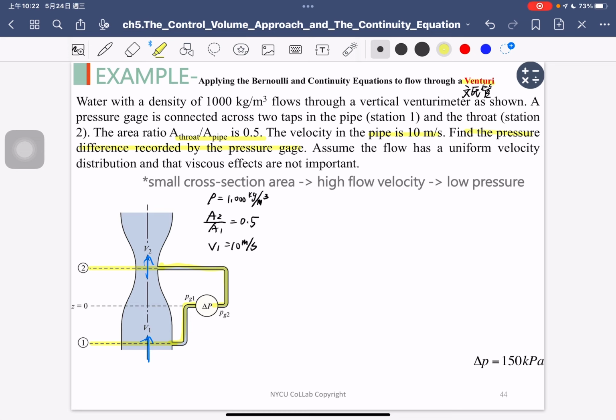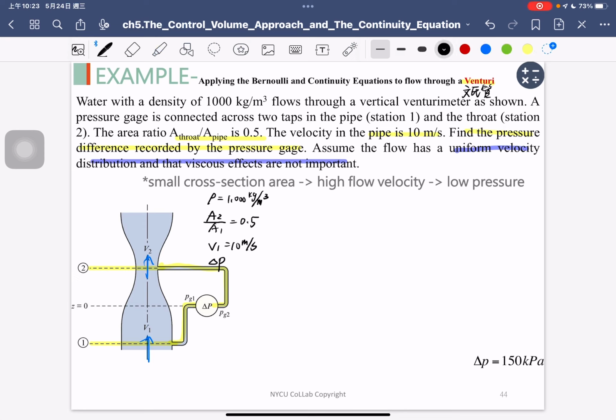So the question we need to answer is how large the delta P is that we will observe in the pressure gauge. And again, we assume this is uniform flow, and the viscosity is not important. That means the flow is ideal flow.